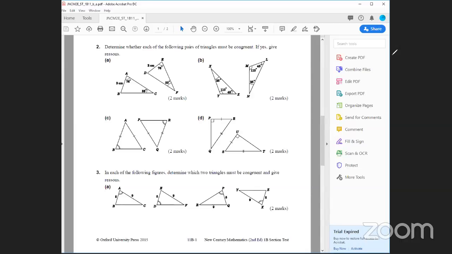Okay, let me see. How many hands? 1, 2, 3, 4, 5, 6, 7, 8, 9. You can turn your book to page 21 if you need to look at the reasons for determining the congruent triangles.